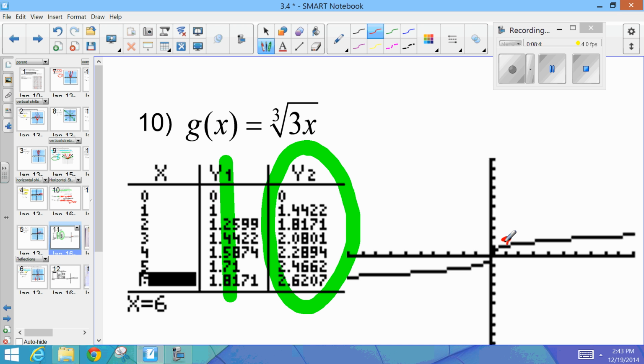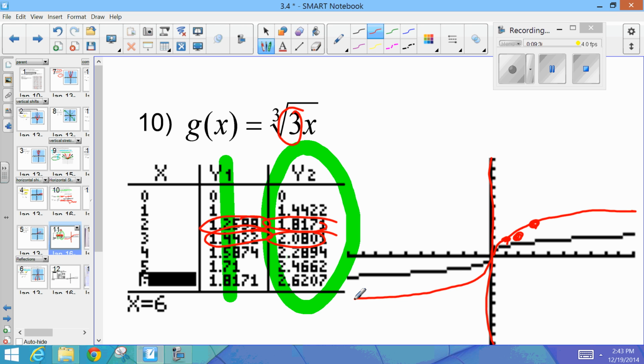So it's a little bit above that point on the parent function. 1.8, it was 1.2, and then it becomes 1.8. So it's a little bit above that point on the parent function. It was 1.4, now it's 2.1. So it's, again, above that parent function. So this is getting closer, it's compressing closer to the y-axis, okay? It's still the same shape, but it is now closer to the y-axis.